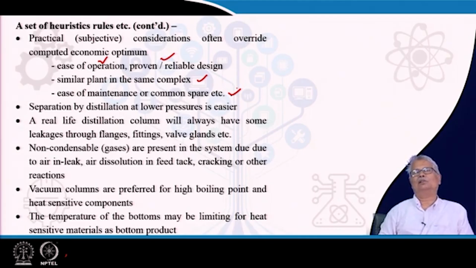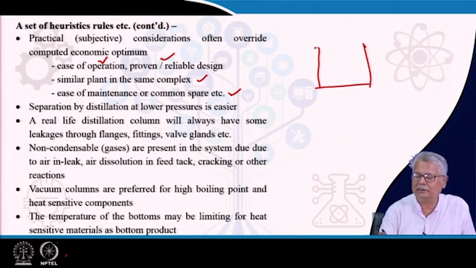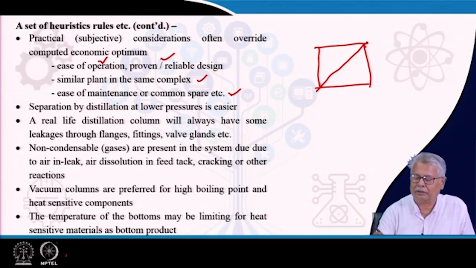Separation by distillation at lower pressure is always easier. What happens is, at a lower pressure, the XY diagram deviates more from the diagonal line. So if I have X here, if I have Y here, in this direction, this one will have a lower pressure as compared to this.